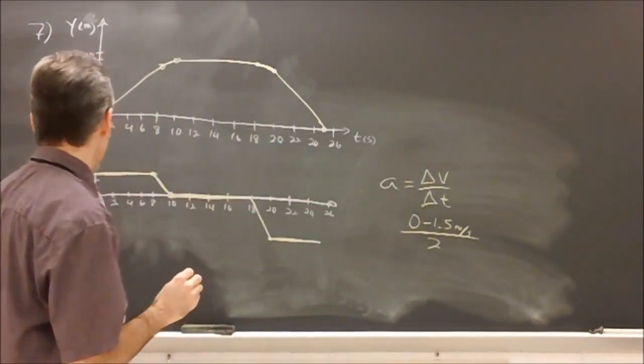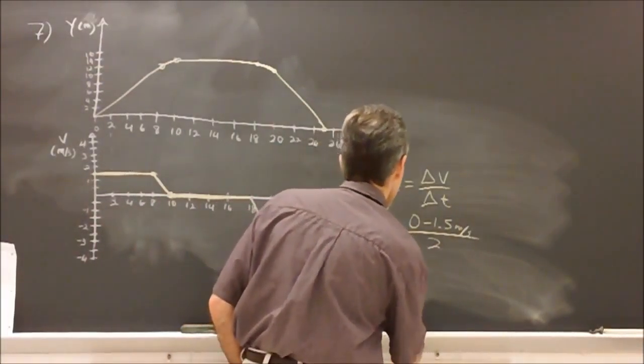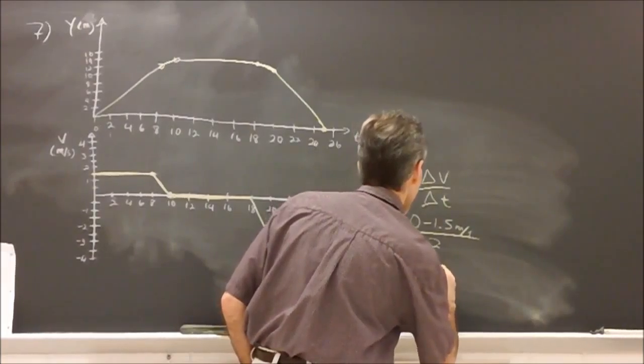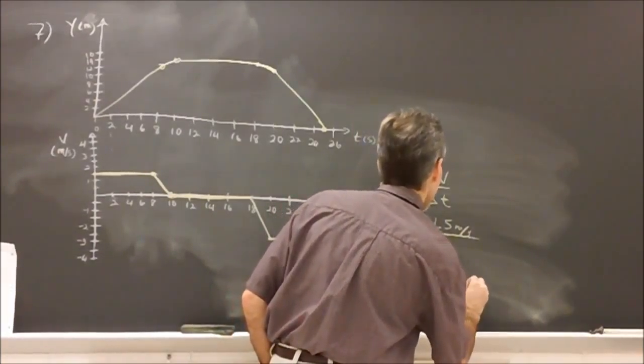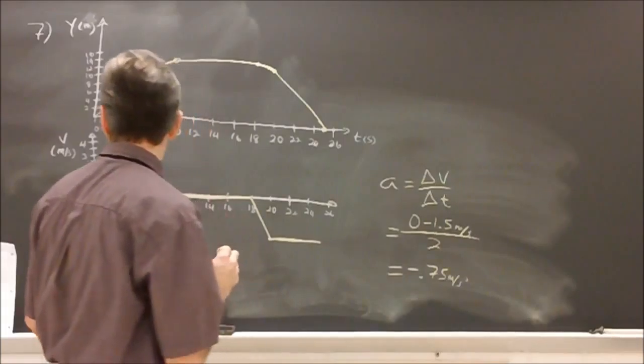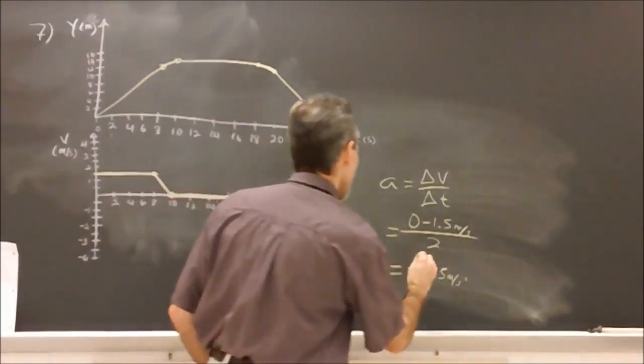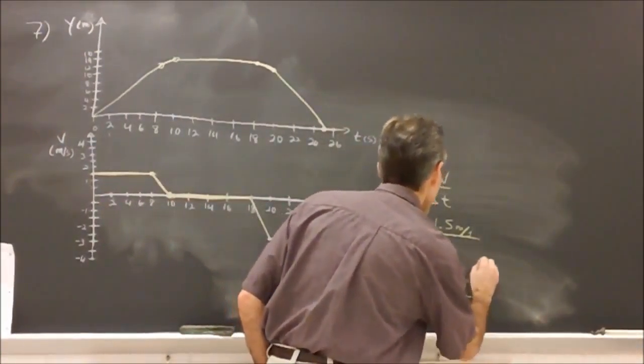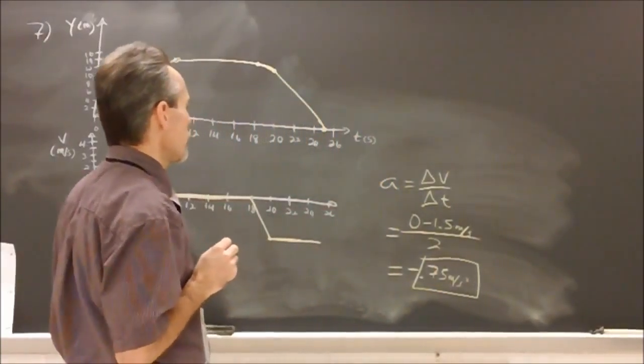And so we get an acceleration of negative 0.75 meters per second squared. It just wants the magnitude though. So the magnitude is positive 0.75 meters per second each second.